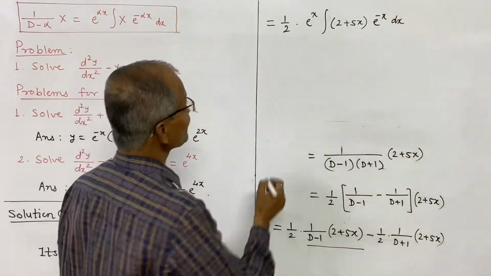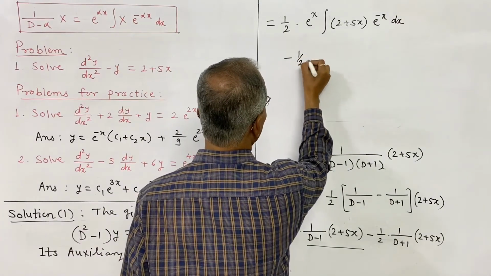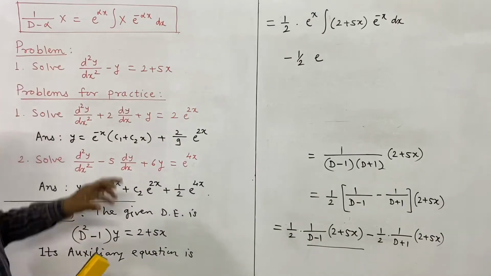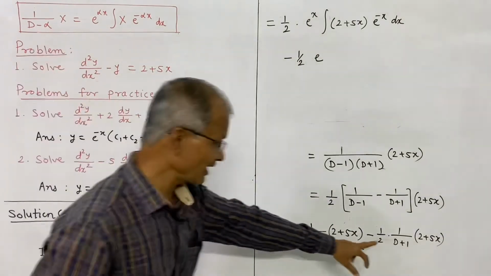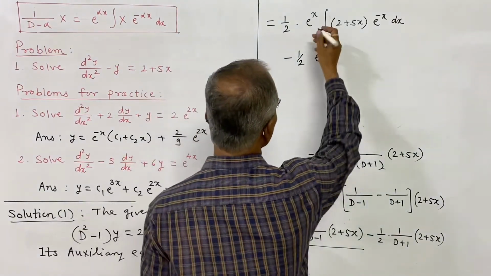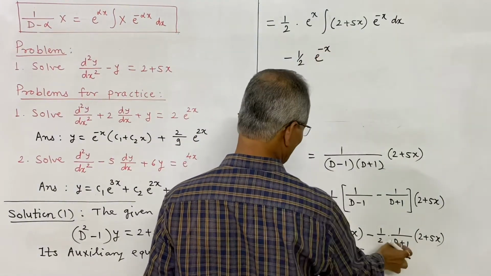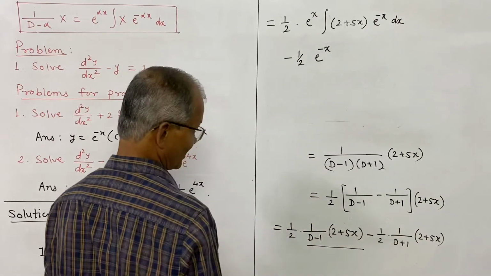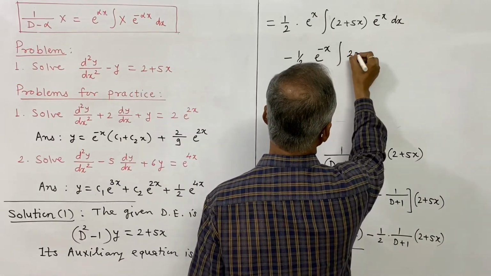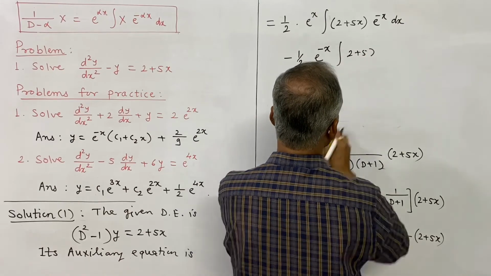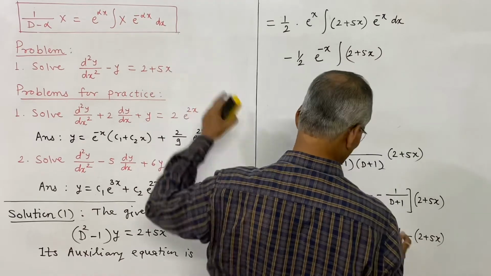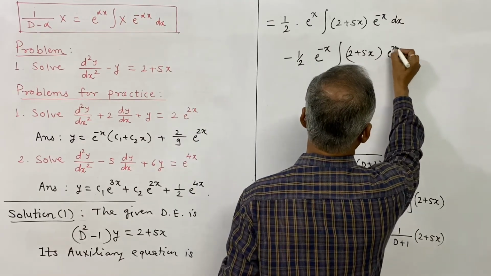And for the second it is minus half. Now see here, alpha is minus 1 because there must be a minus sign here. We have written the formula for this also, and it becomes minus x. Alpha is minus 1, so alpha x means minus 1x. Integration, the function is the same, 2 plus 5x, and now here it will be e power minus alpha x, means e power x into dx.